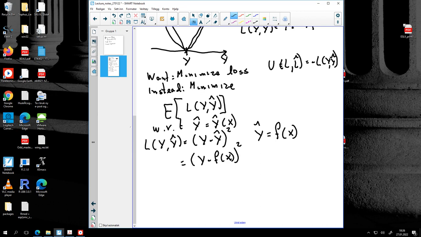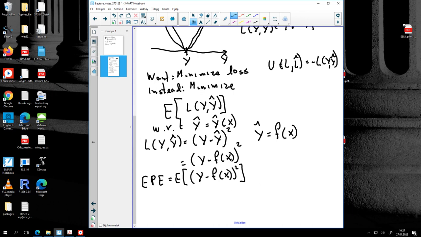And then we want to find the function f of x such that this expected loss is minimized. This is sometimes called the expected prediction error. So in this case, it will be the expectation of y minus f of x squared.